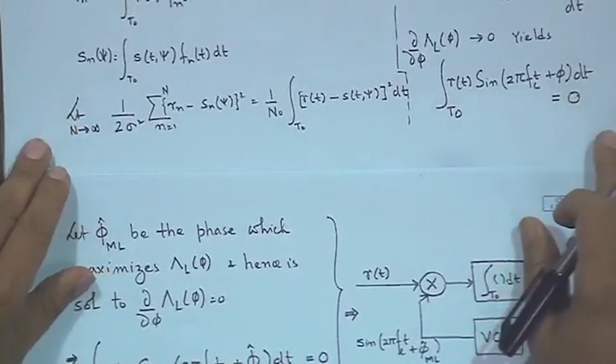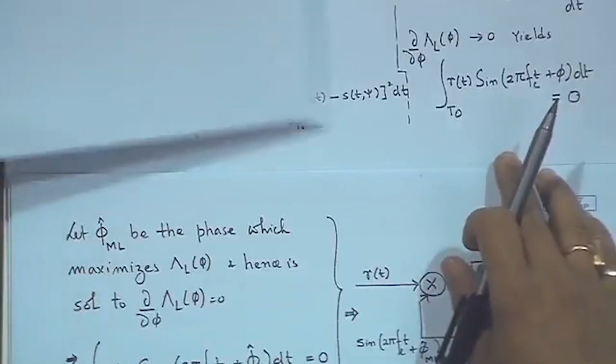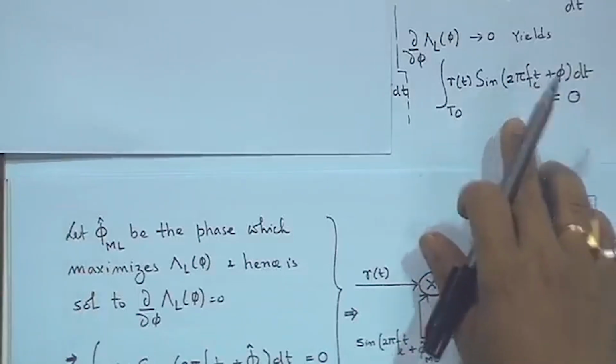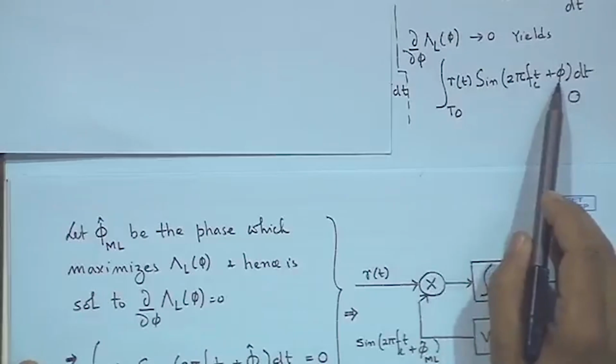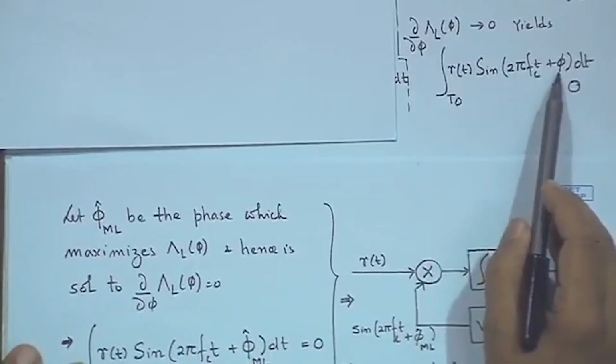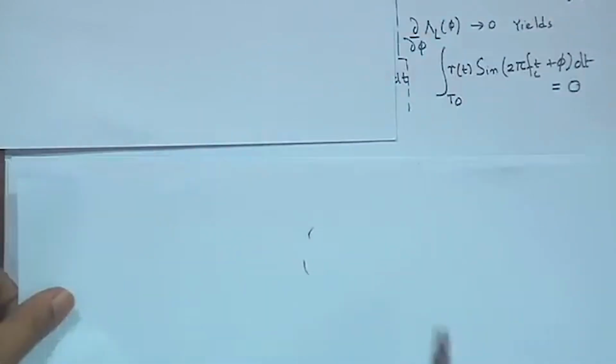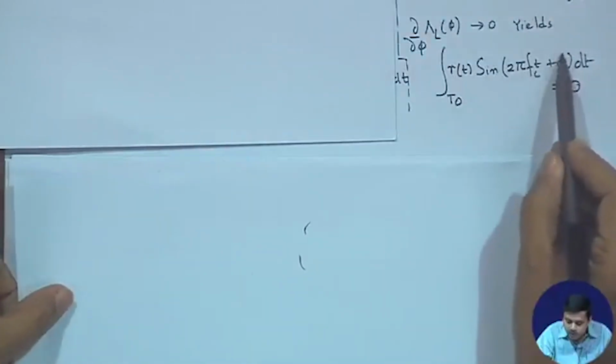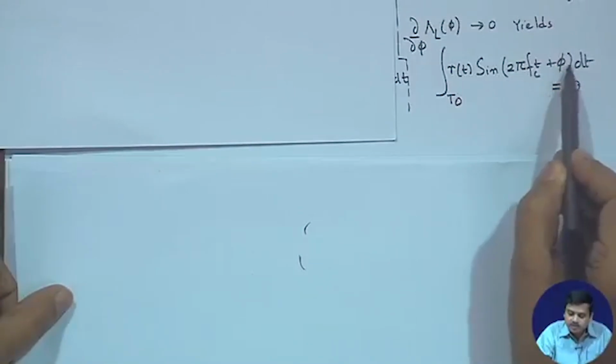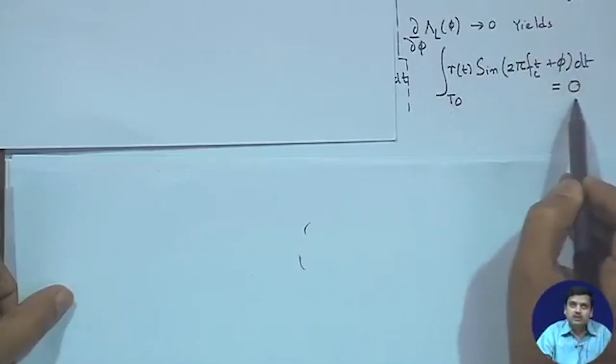Now, there is a very interesting turn of things, how we look at this expression. What we say is, suppose phi is the ML solution, maximum likelihood solution. If phi is the maximum likelihood solution, then what would happen? Put into this expression the maximum likelihood solution, this integrator should turn out to give a value of 0.